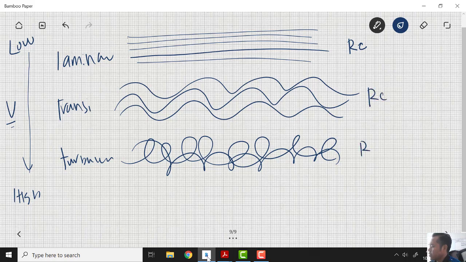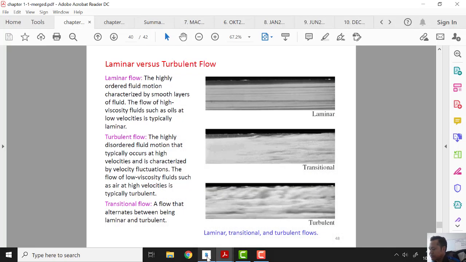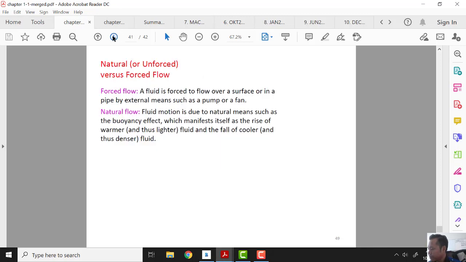I will teach you later what the Reynolds number is. Just remember that laminar moves in an orderly fashion, transition moves in an S-shaped orderly fashion, and turbulent is disordered.